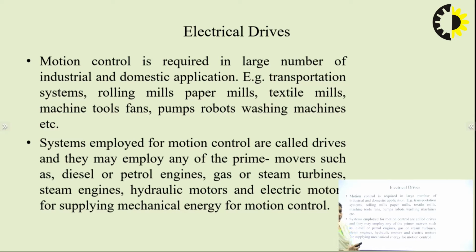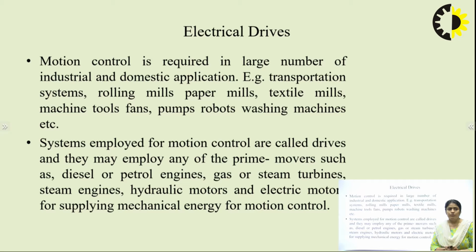So electric drive, like I said, motion control is required in a large number of industrial and domestic applications, like transportation systems, rolling mills, paper mills, textile mills, machine tools, fans, pumps, robots, washing machines, etc. Where we require motion control, we use the electric drive system to fulfill the load requirement, right?